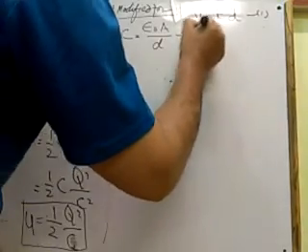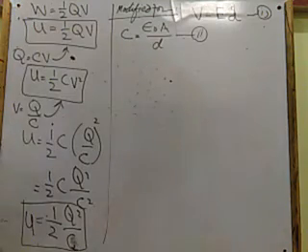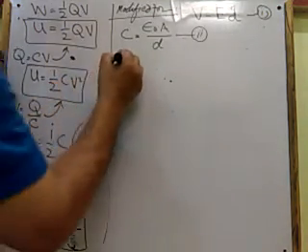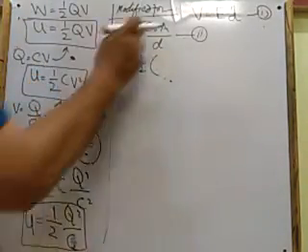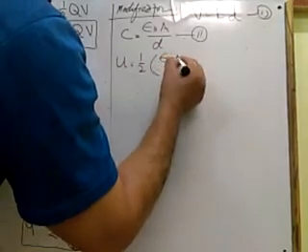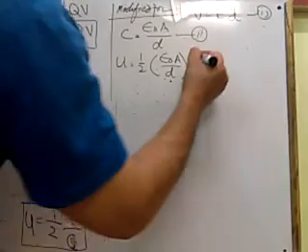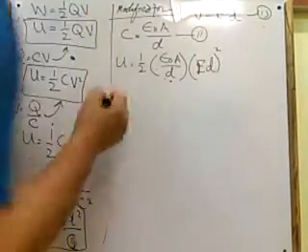Putting these two values of V and C in this form of the equation, the total energy is equal to 1 over 2. Instead of C, we can put this value, epsilon naught A divided by D. And instead of V, we can put this value, (E into D) whole square.